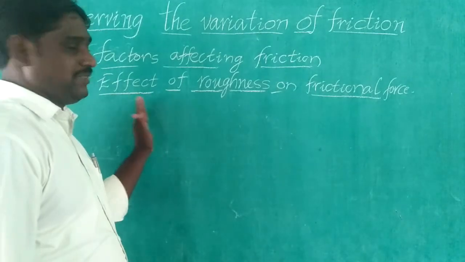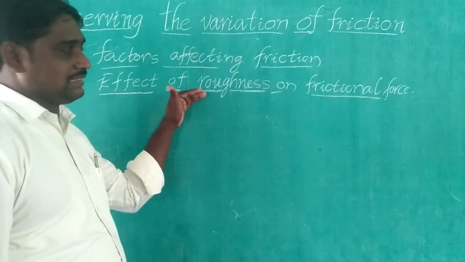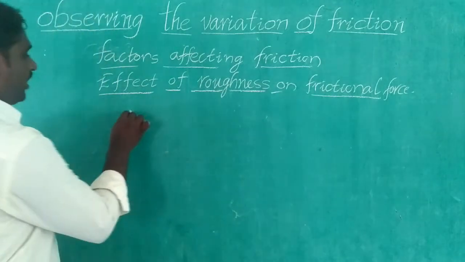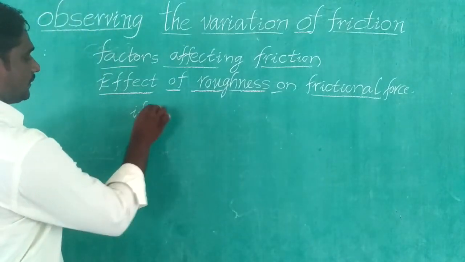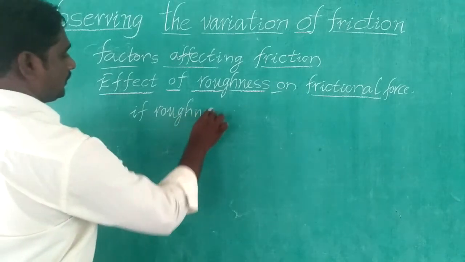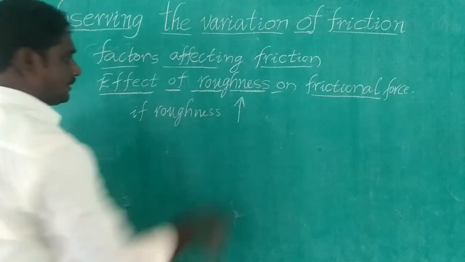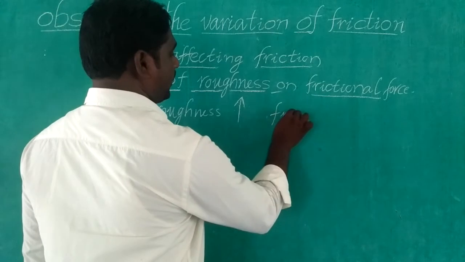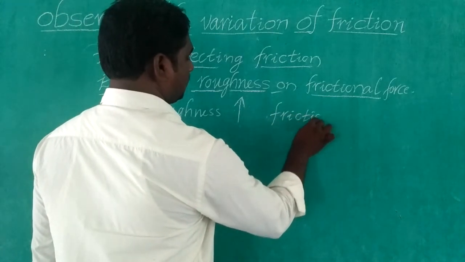What is the relation between the roughness of the surface and frictional force? If roughness increases, what happens? The frictional force also increases.